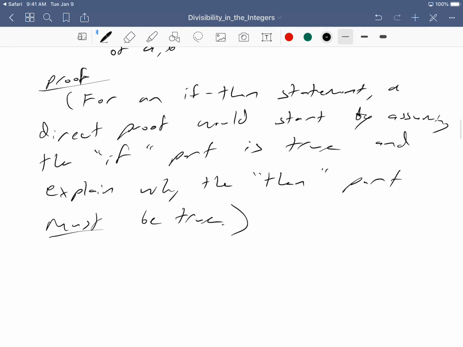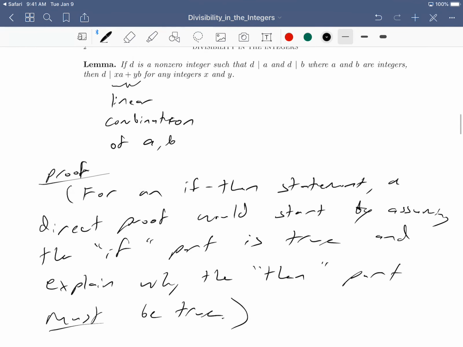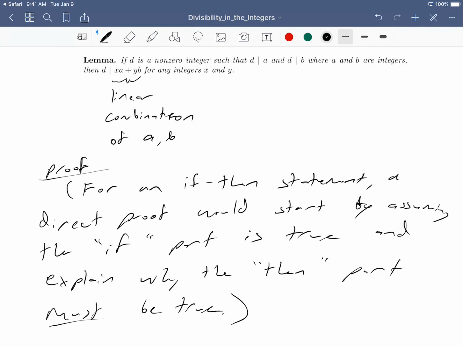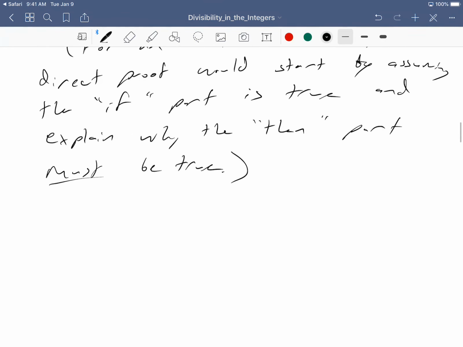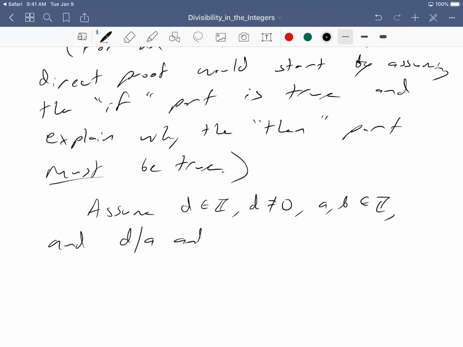And so our statement, if we go back up and look at it, says if D is a non-zero integer such that D divides A and D divides B, where A and B are integers. So we're going to start our proof by saying assume D is an integer, D is not 0, A and B are integers, and D divides A and D divides B. Okay, so we get to assume all of that.